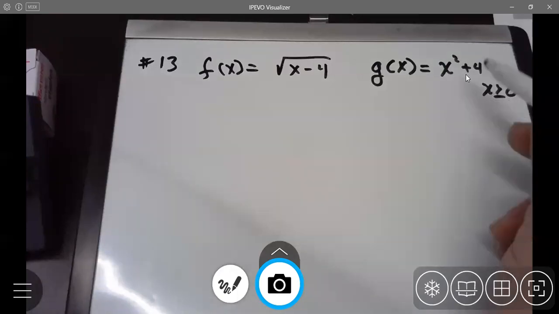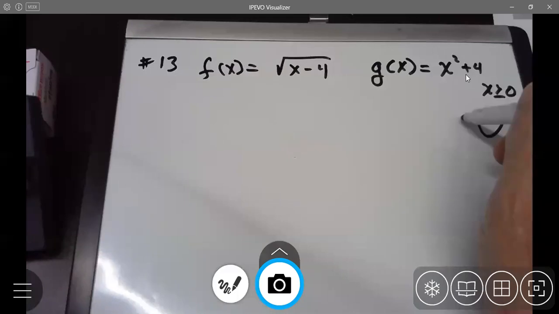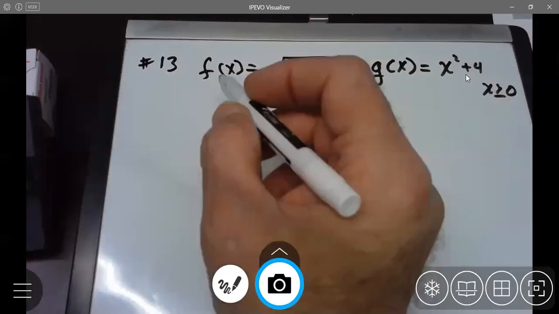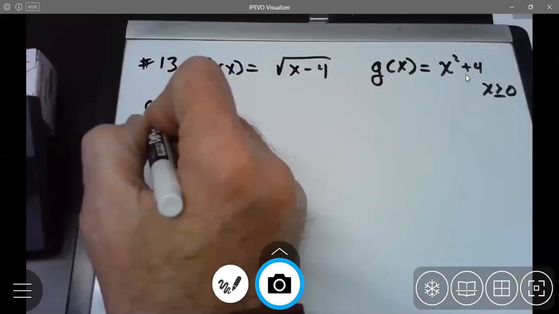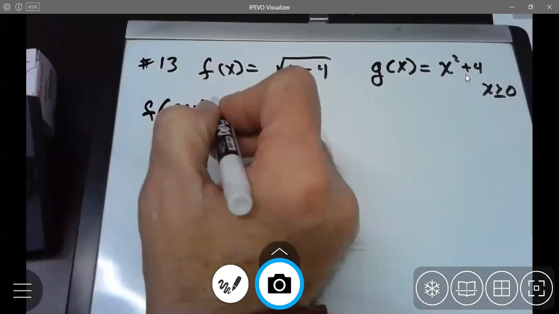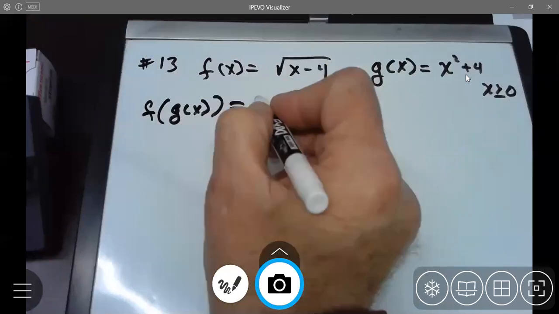Because with a quadratic, it doesn't pass the horizontal line test. If we restrict it to just positive numbers, now it does pass the horizontal line test. So now it is 1-to-1. That's why they did that. Basically we want to apply f composed with g of x and see if we get x.